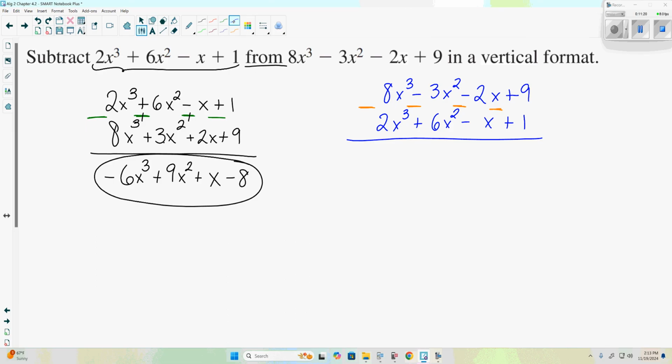So if we do this here, 8x cubed minus 2x cubed is 6x cubed. Negative 3x squared minus 6x squared, negative 9x squared. Negative 2x minus negative x. Negative and negative make a plus, giving us negative x. And 9 minus 1 is positive 8.